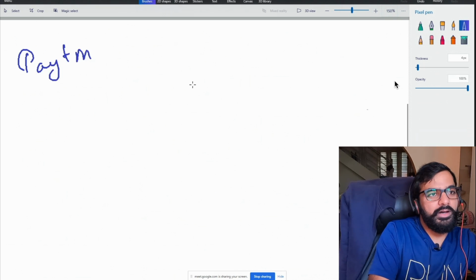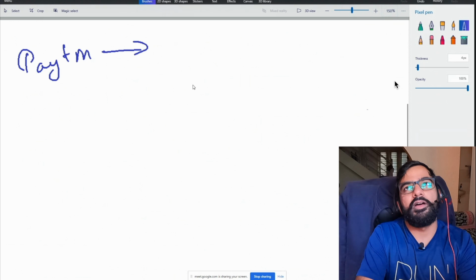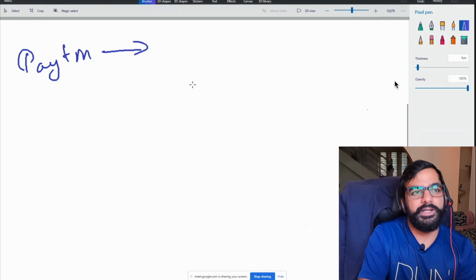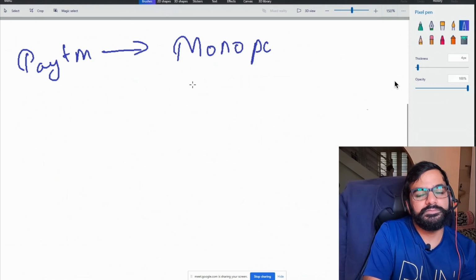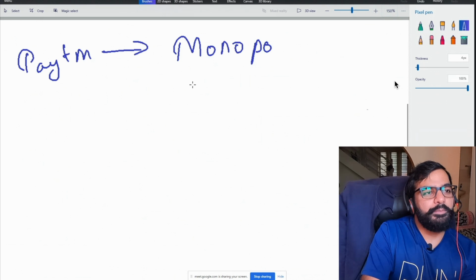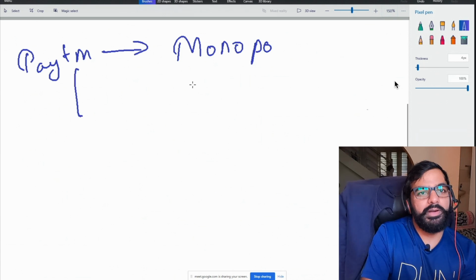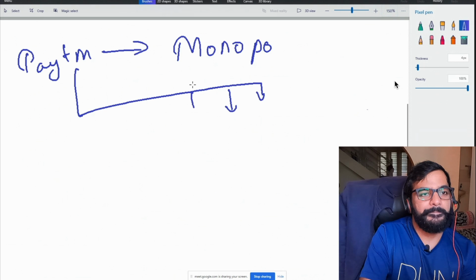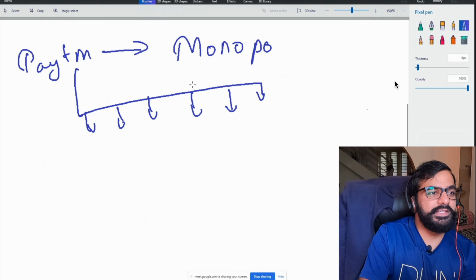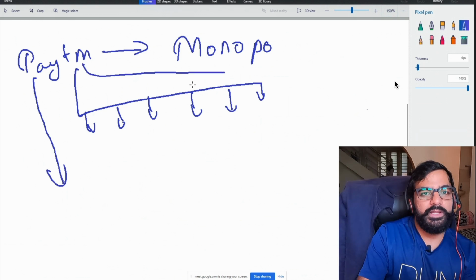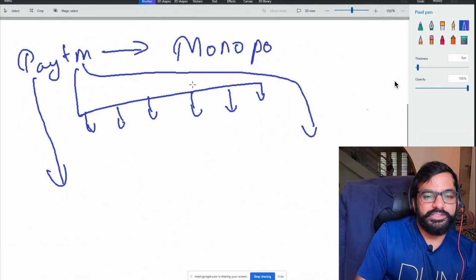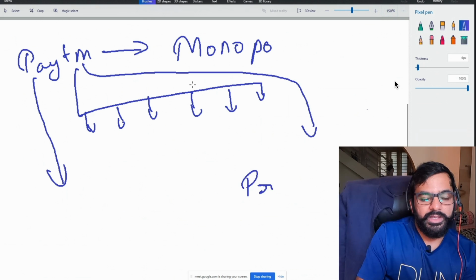Earlier there was no one else, there was MobiKwik and Freecharge, but mostly it was a monopoly. Now, in today's date, there are multiple people doing the same business, and profit margins have decreased drastically. So if the monopoly has gone, the chances of profit have also decreased.